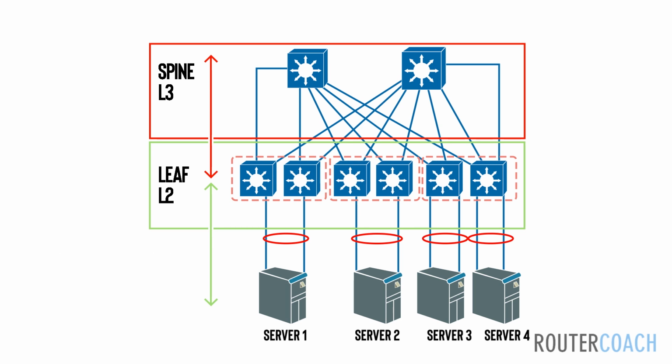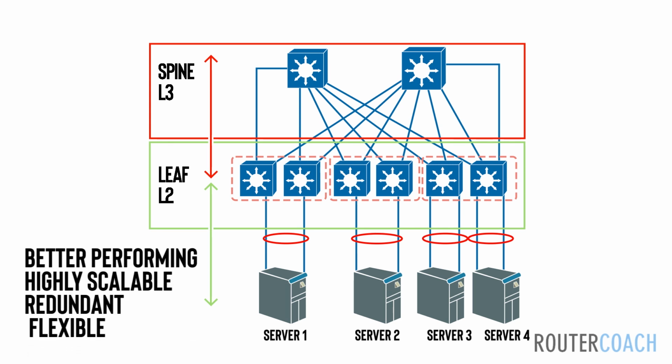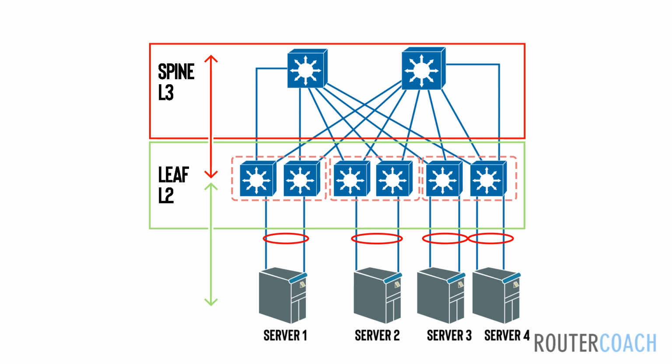Alongside this, spine-leaf topologies are better performing, highly scalable, redundant, and flexible. The main downside with spine-leaf topologies is that they are generally more complex and more expensive than other network topologies due to the need for high-performance spine switches.